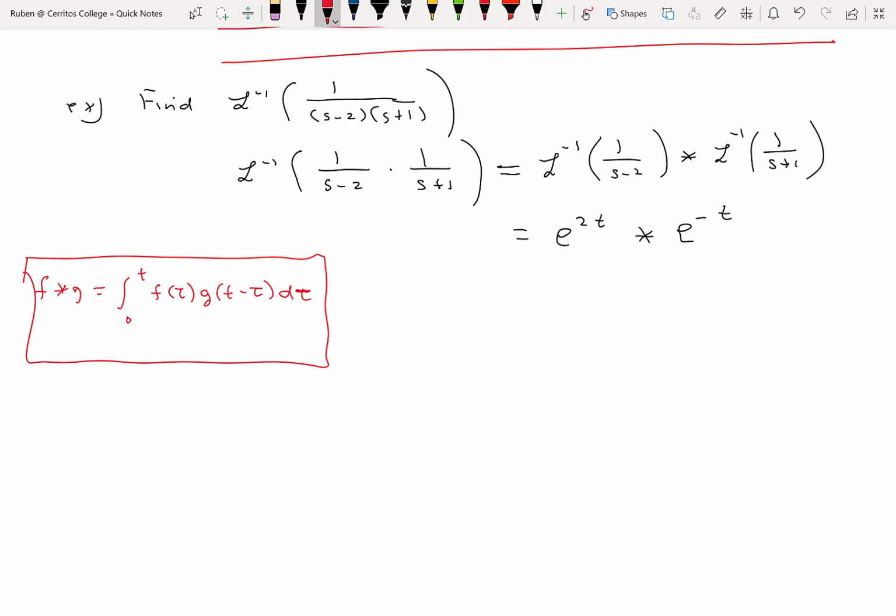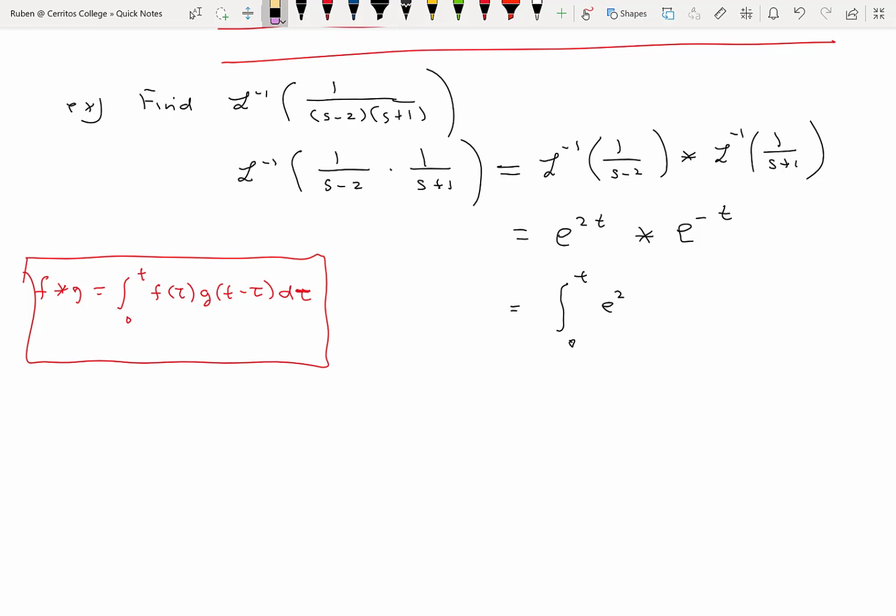Okay, so let's use that definition on our convolution product here. So this is the integral from 0 to t, e to the 2 t minus tau. Oh, that's not right. It's f of tau, not f of t minus tau. Sorry about that.